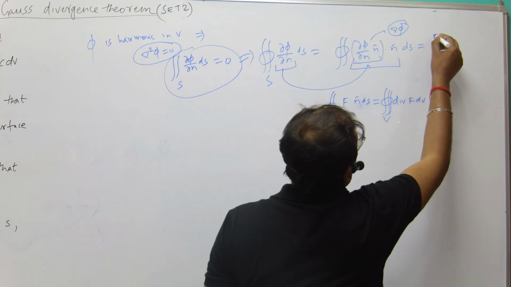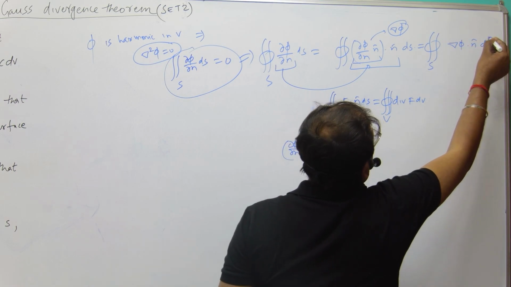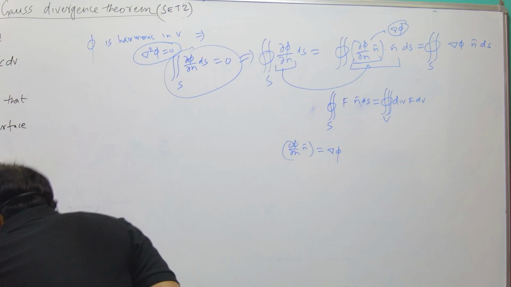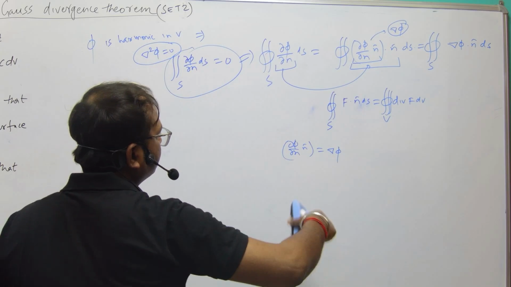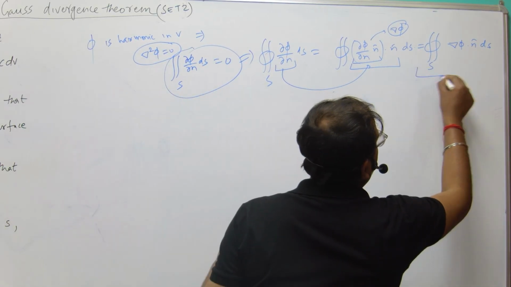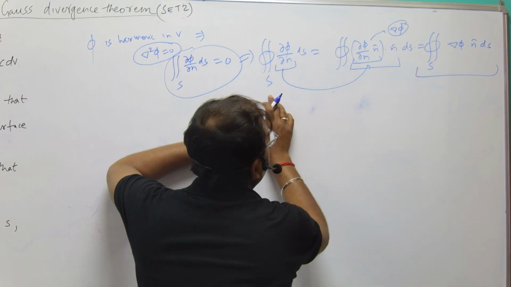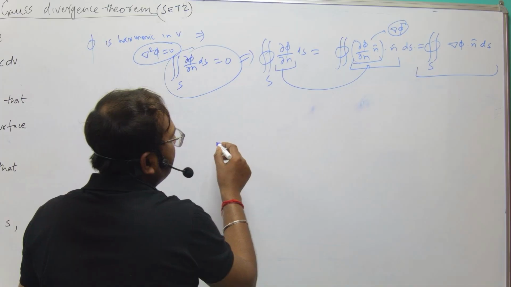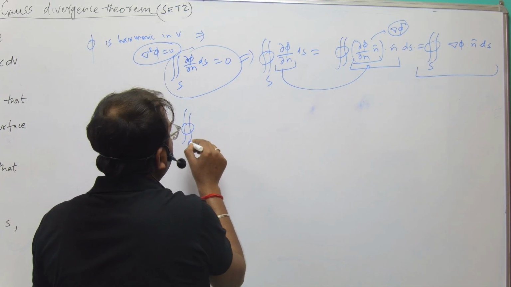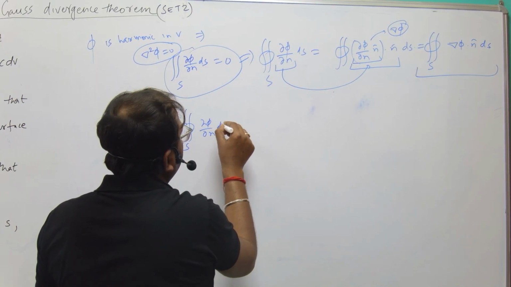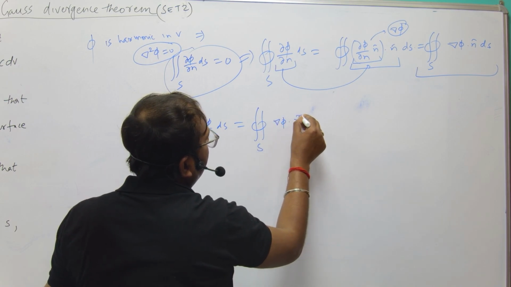So the surface integral of del phi upon del n ds is equal to the surface integral of del phi dot n cap into ds.